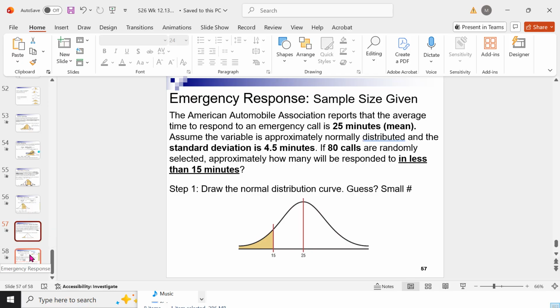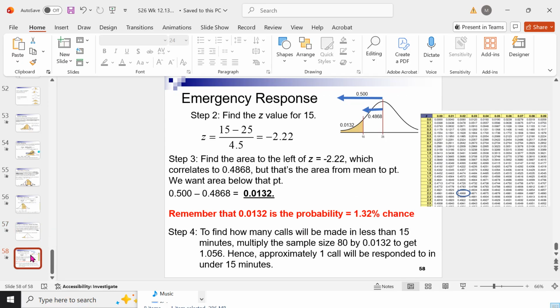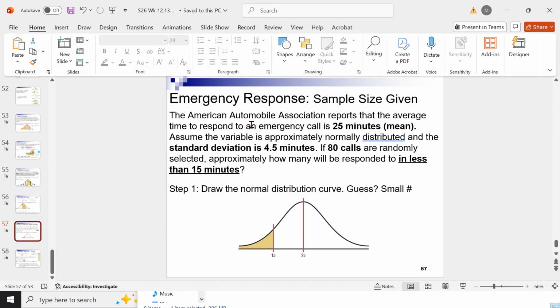And this is the last slide here. All right. Emergency response. The American Automobile Association reports that the average time to respond to an emergency call is 25 minutes. There's your mean. Assume the variable is approximately normally distributed and the standard deviation is 4.5 minutes.